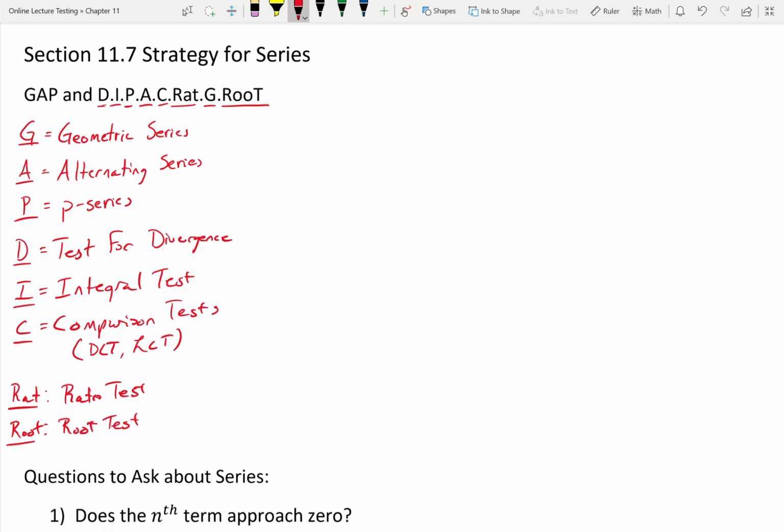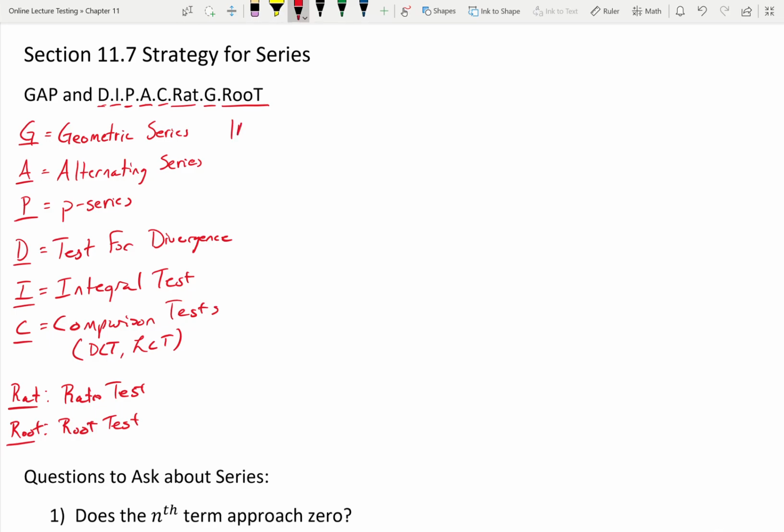So these represent every single type of test and known series that we have out there that we have talked about from 11.2 to 11.6. So nothing new has been added to this. So let's talk about these real quick. So we know the conditions for the geometric series.